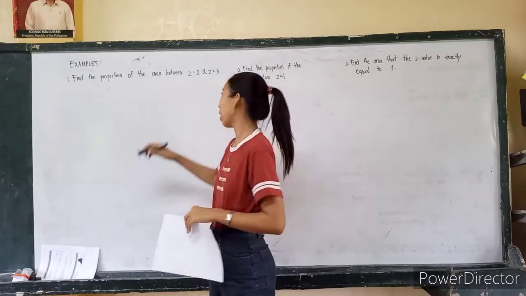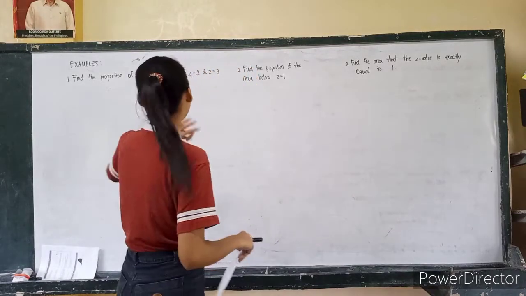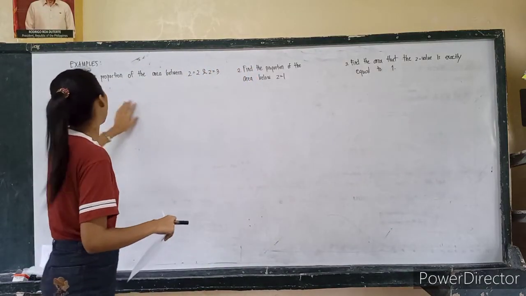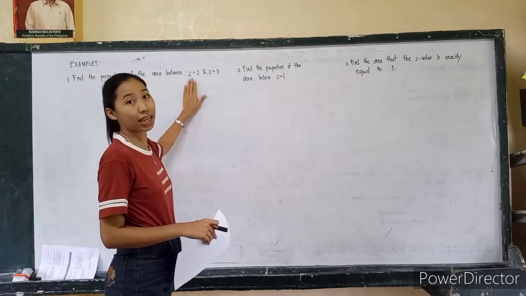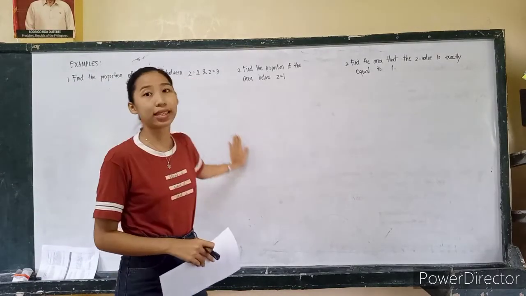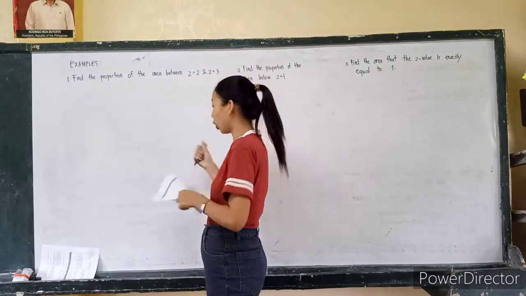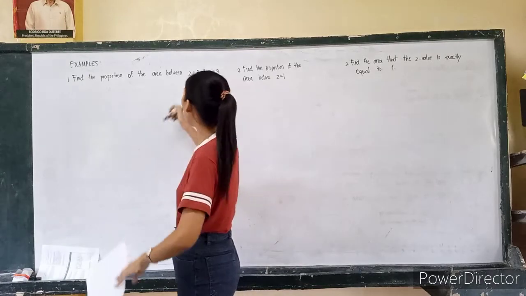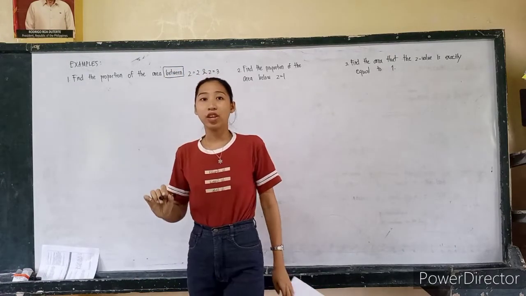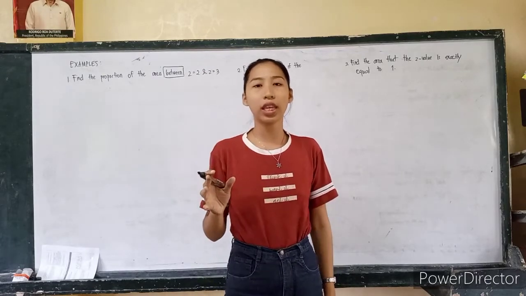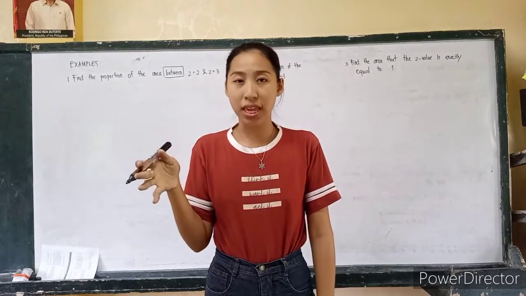Welcome back, and I'm again presenting you with 3 examples for this lesson. Let's answer the first one, okay? Find the proportion of the area between Z is equal to 2 and Z is equal to 3. So if we are going to apply what we have heard a while ago, we are going to take this word as a hint. Now, ang atong ipangita is the probability that Z is between A and B. No?